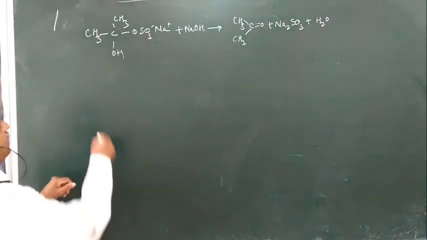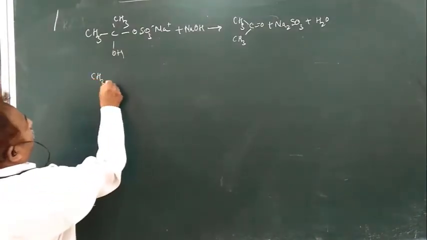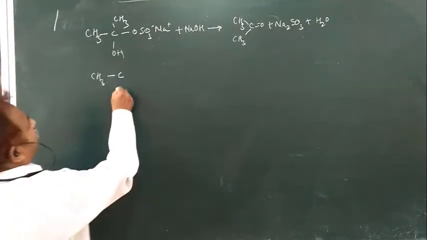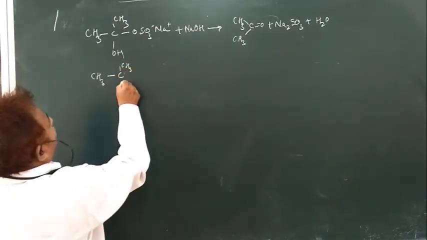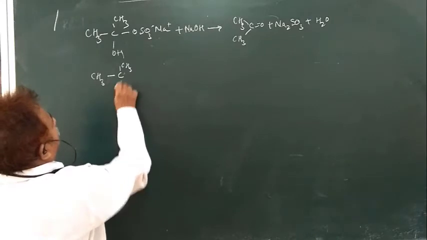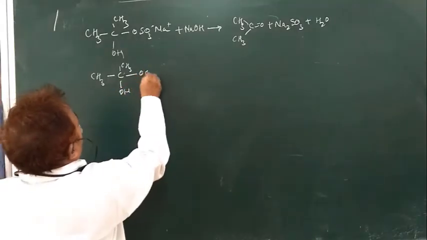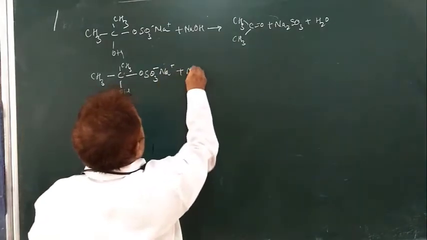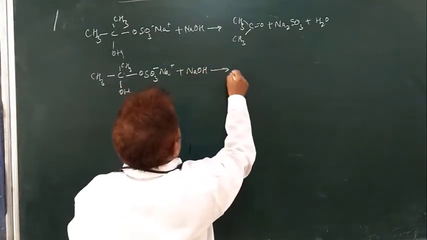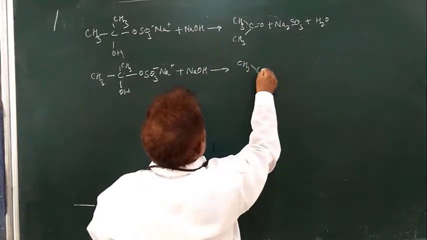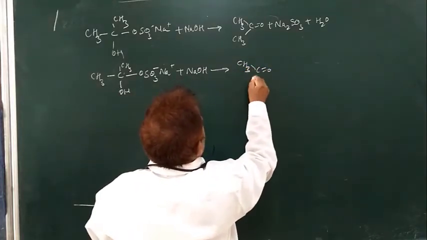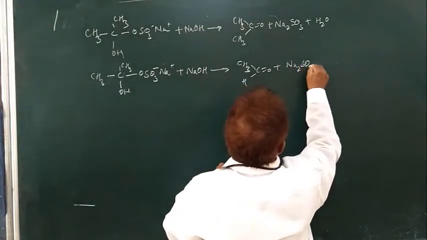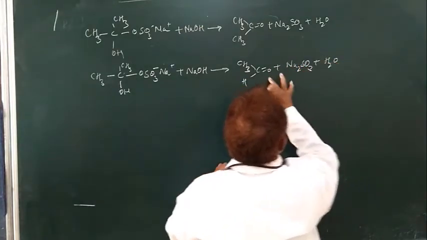In the same manner, the acetaldehyde bisulfite addition product, CH3CH(OH)OSO3Na plus NaOH, we get back the aldehyde plus sodium sulfite plus water.